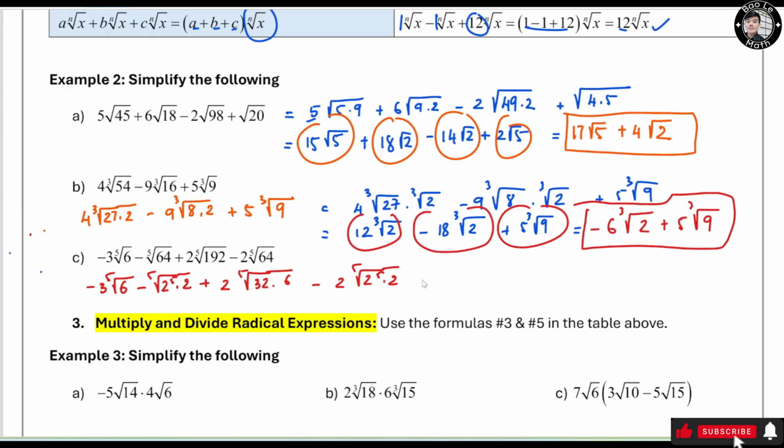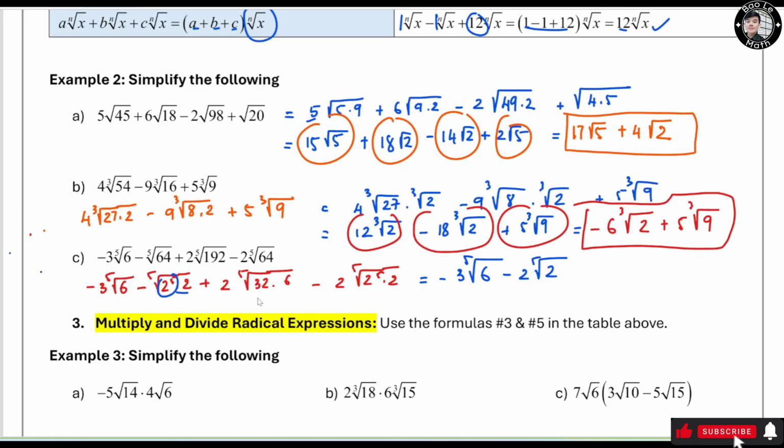Now we're going to simplify this one. Negative 3 fifth root of 6, 2 to the 5th, and you have the fifth root right here. It's going to be cancelled out, right? So you just print this guy outside, it could be 2, right? So we have minus 2 fifth root of 2 left right here, right?